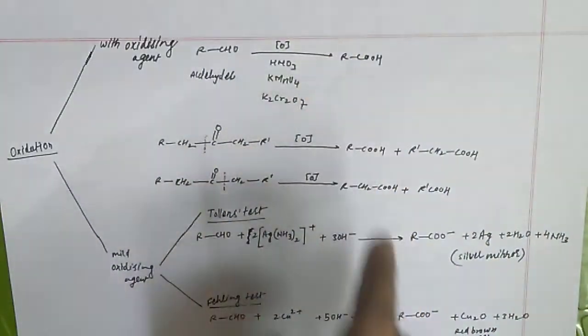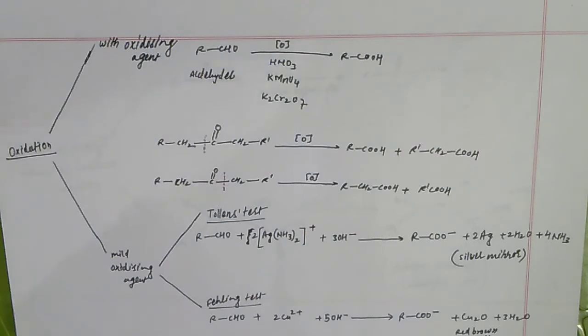Now let us move on to another property, that is oxidation. Oxidation is also of 2 types, just like the reduction: one with a mild oxidizing agent and another with a strong oxidizing agent. Ketone is not easily oxidized.